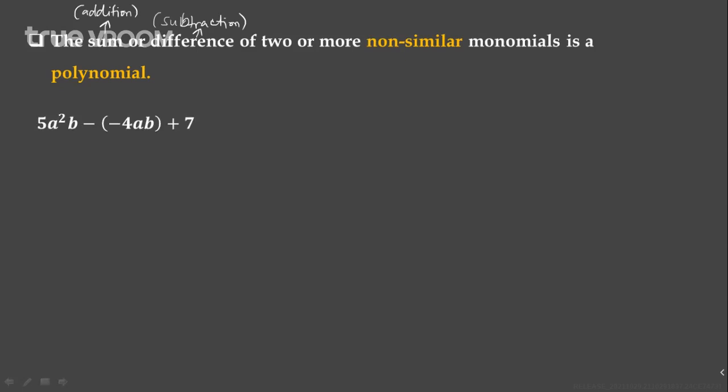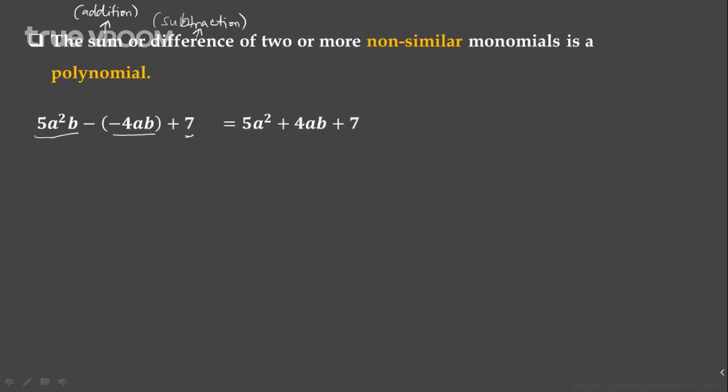For example, we have 5a squared b, this is one monomial, minus negative 4ab, this is another monomial. 7 is also a monomial, but they are not similar because they don't have the same variable and the same exponent.